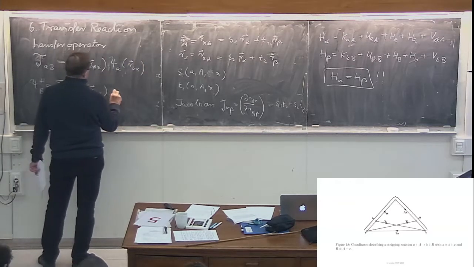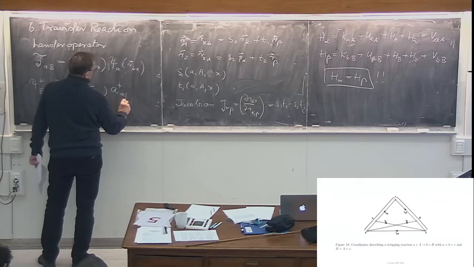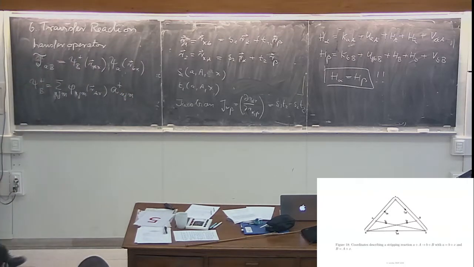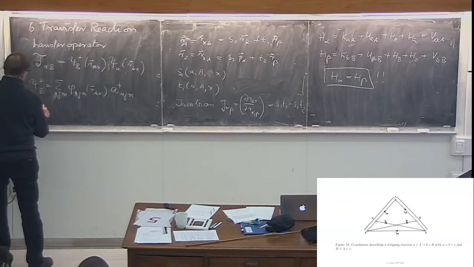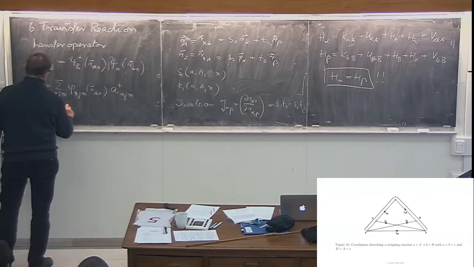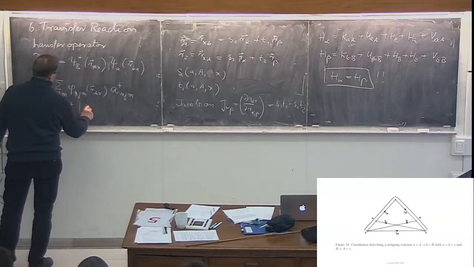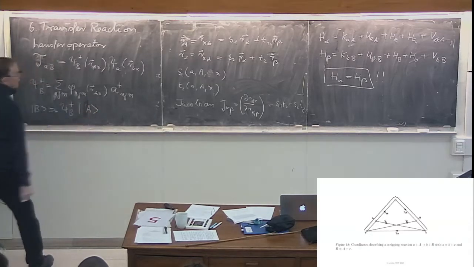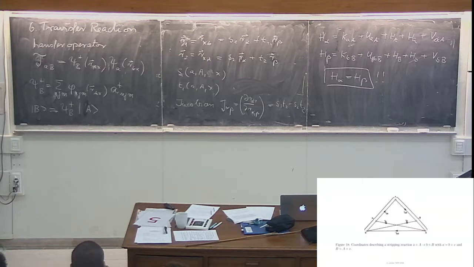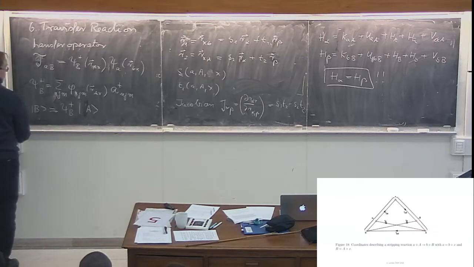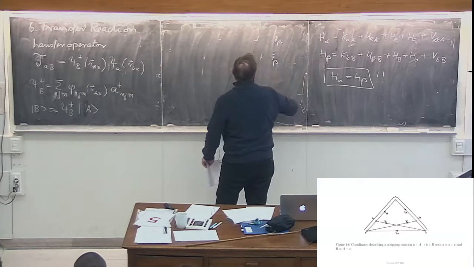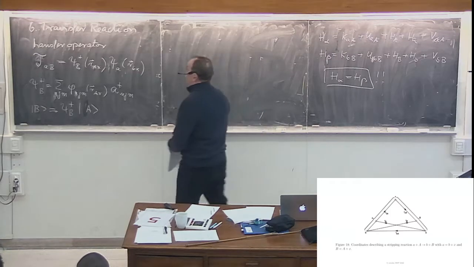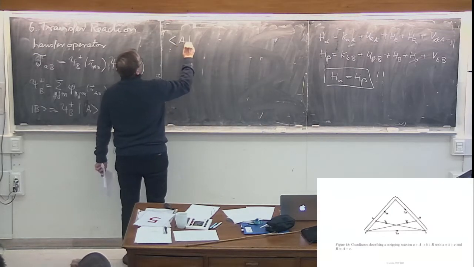Then I'm creating a nucleon by acting on the ground state of A. So I attach an additional nucleon, and that means my system B is obtained by acting with this operator on the system A. And then I can describe the effect by taking the overlap.